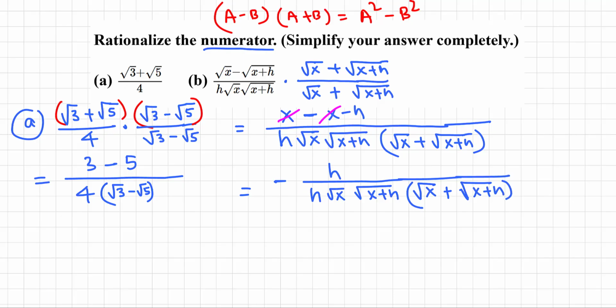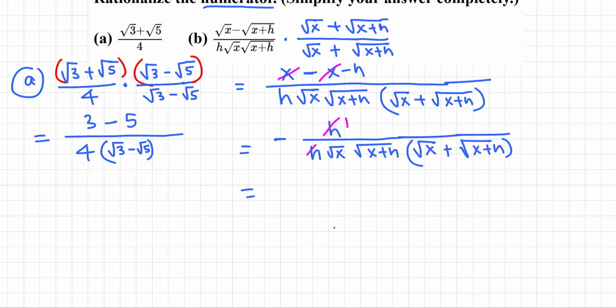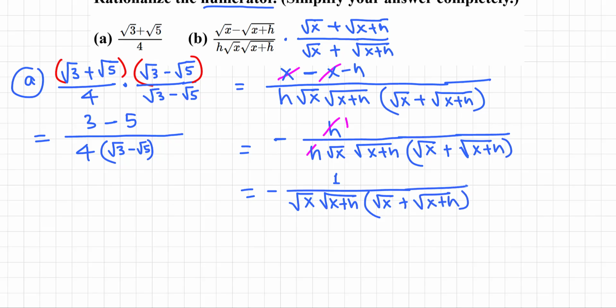By the way, h and h also cancel now. Nothing left means 1, we are dividing by 1. So the final answer is whatever we have there: negative 1 over root x plus h, root x plus h.